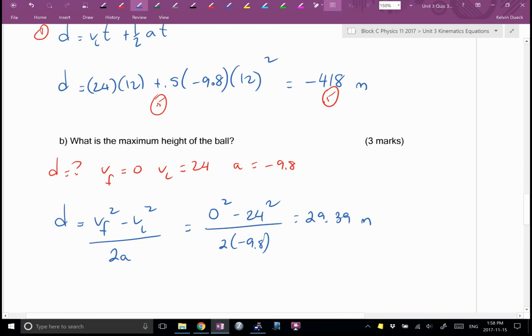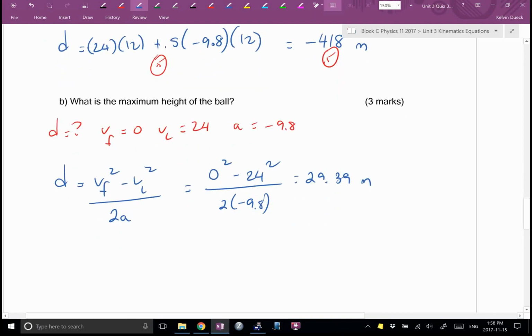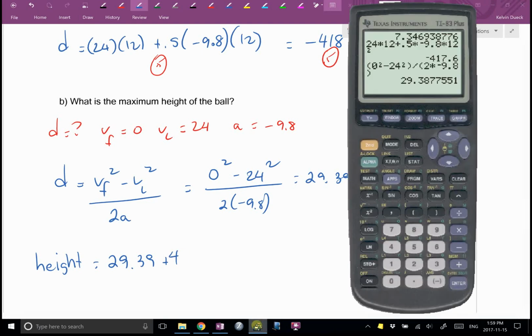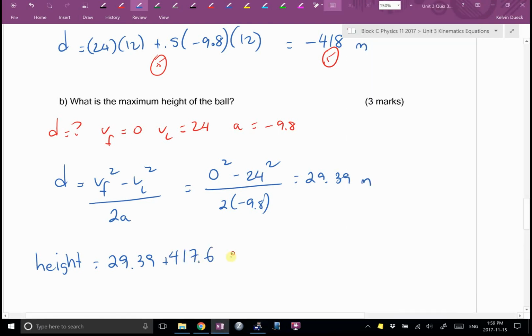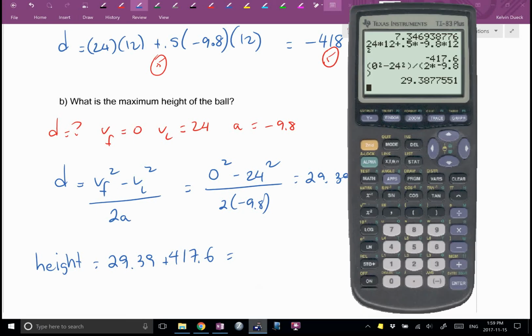Meters above the cliff. Not done yet. The height is going to be 29.39 plus 417.6, and I get a total height above the ground. You get 447?